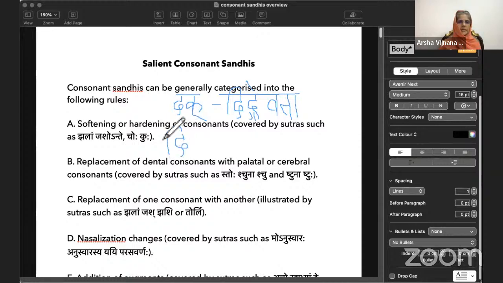Dik. Again, we'll use the same word so that we see the difference depending on what follows. Dik, well, here let's say it has already become dig. To emphasize what we are trying to do here, dig plus pala.